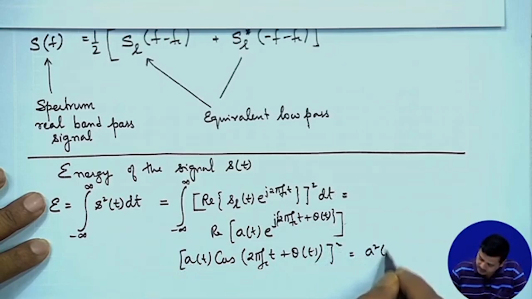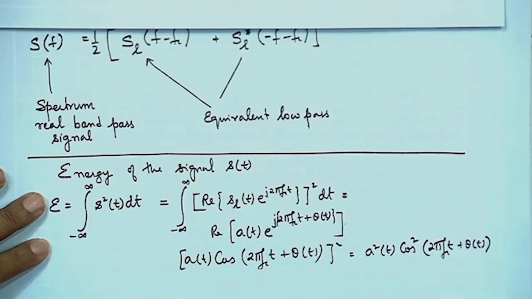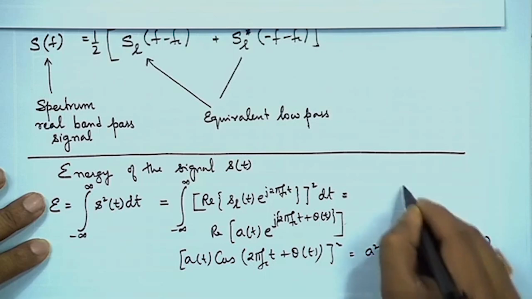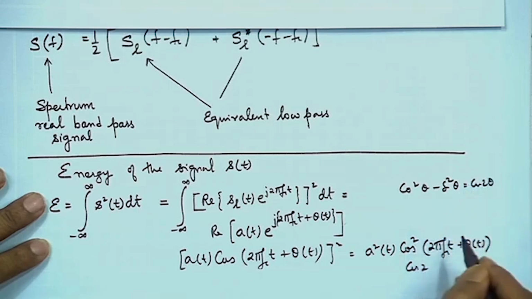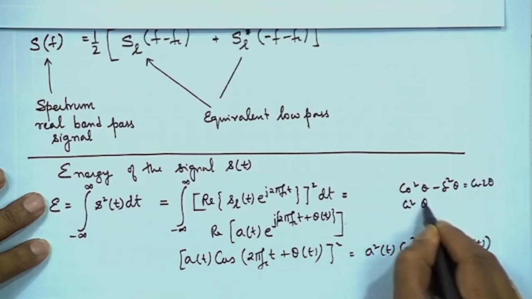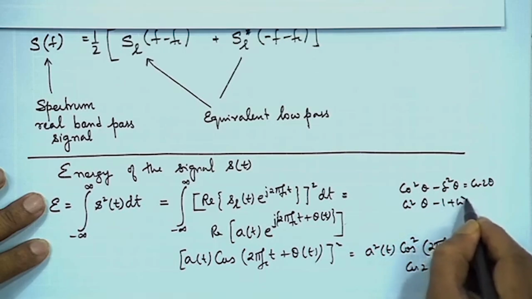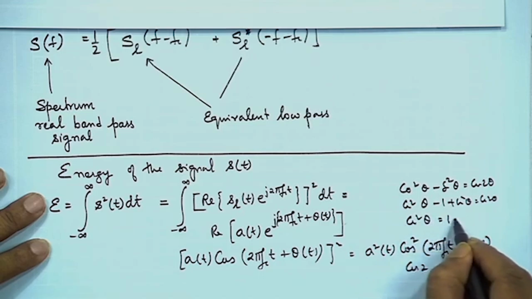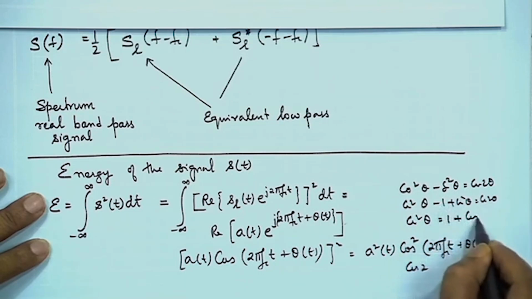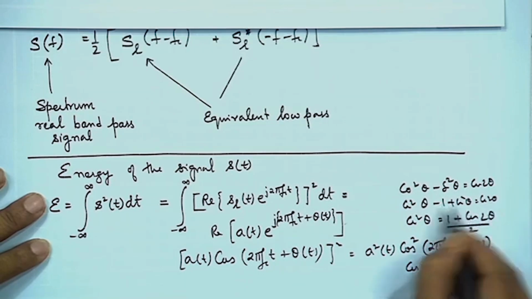So, you are going to get A squared of t and cos squared of (2 pi f_c t plus theta(t)). Now, this cos squared term you could replace in terms of cos of 2 theta. That means you are going to have cos squared theta minus sin squared theta equals cos 2 theta. So, from that you could get 2 cos squared theta minus 1 equals cos 2 theta, which basically gives you that cos squared theta is equal to 1 plus cos of 2 theta, upon 2, because you have a 2 over there.